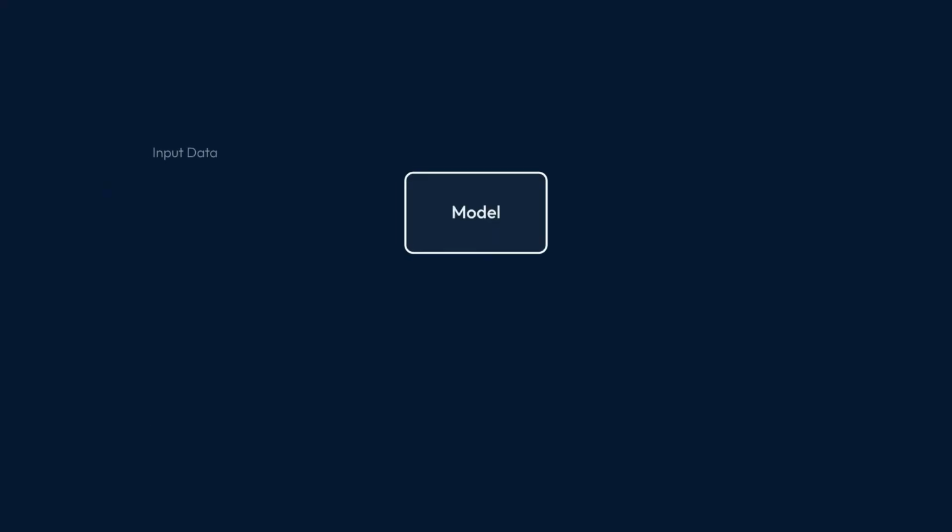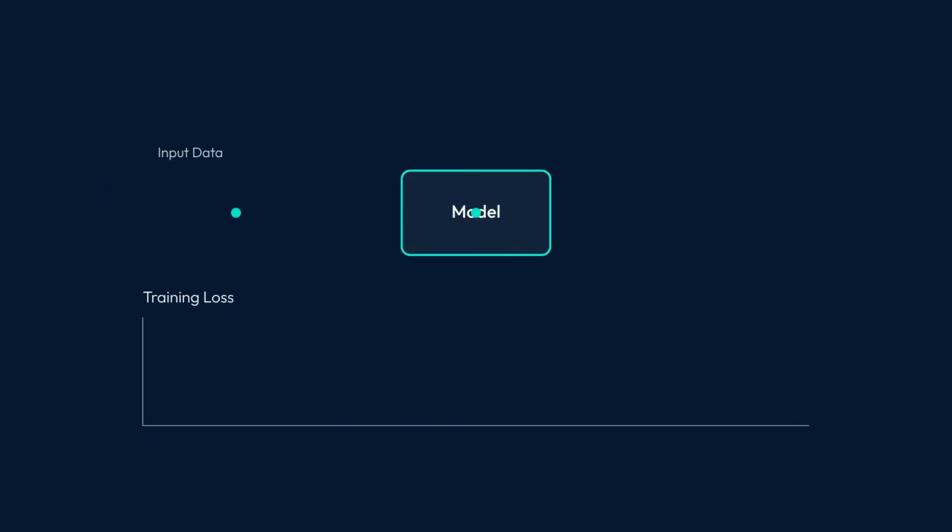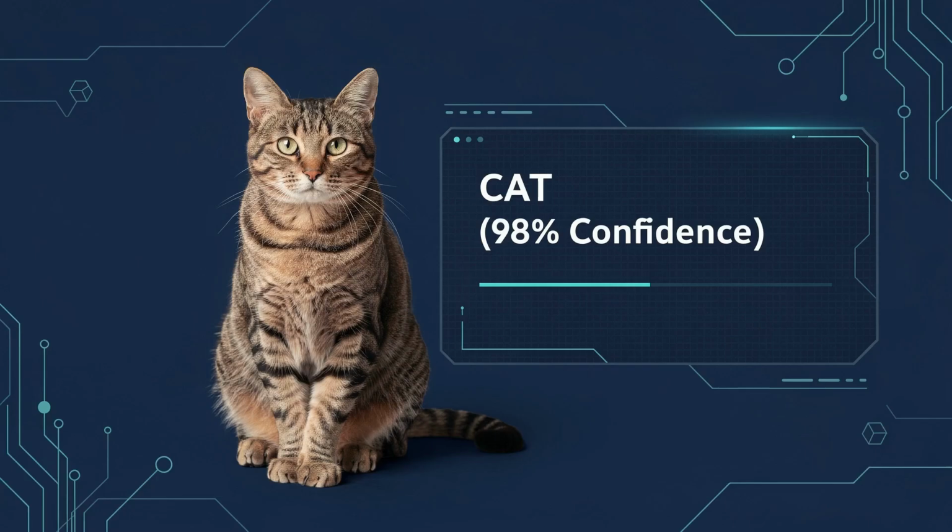High loss is very wrong. Based on that loss, the model nudges its internal knobs. Next time, it's slightly less wrong. We show it more photos, and each time it adjusts. After 50 passes, the model can look at a new photo and recognize it correctly. It's 98% confident. That's a trained model.